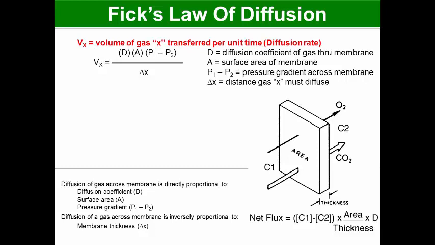It is also directly proportional to the surface area of the membrane across which the gas diffuses, and it is also directly proportional to D. What's D? This is the diffusion coefficient of the gas through the membrane, but it is inversely proportional to delta X. Delta X, this is the distance, or the thickness of the membrane through which the gas diffuses.